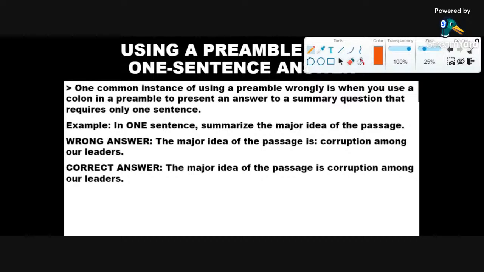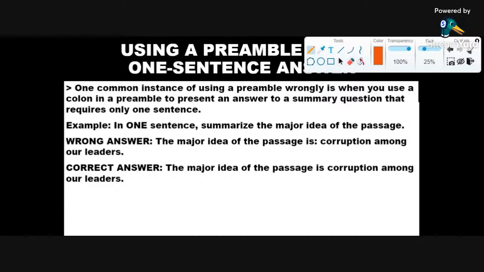So when you present phrases to go with your preamble, then your preamble should be examined in the light of each answer, because you have already made the preamble part of your answer, which is not what it is meant to be, because a preamble is simply an opening statement explaining what follows. And what WAEC wants from you are sentences as summary answers.